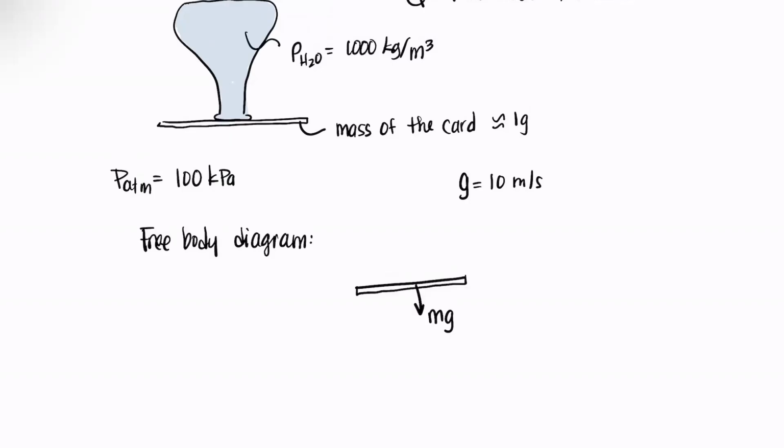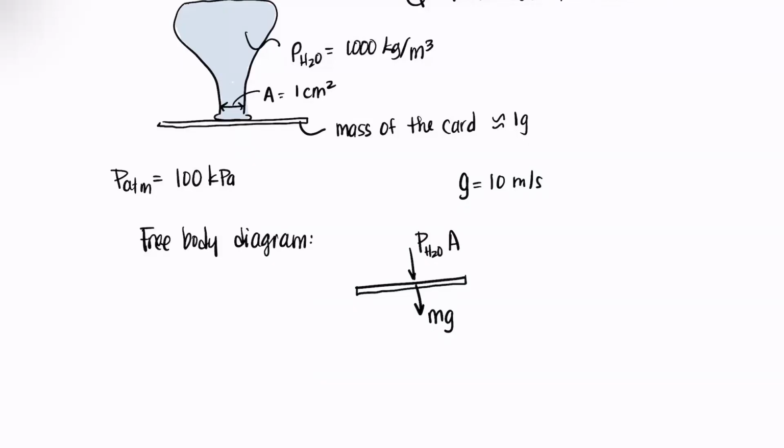Okay, what other forces do we have? Yeah, so we have pressure from our water. So we're going to have pressure of the water times this area, and I'm going to call this 1 centimeter squared, roughly.